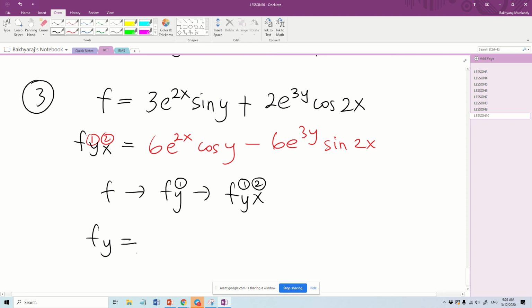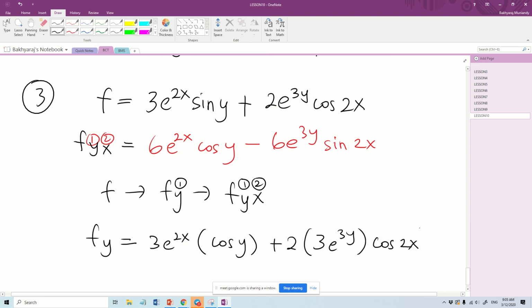When you differentiate, you get 3 exponent 2x, and you differentiate only the sin y, so you get cos y. Plus, you look at the exponent 3y: differentiate exponent 3y, it becomes 3 exponent 3y, and cos 2x is just following.